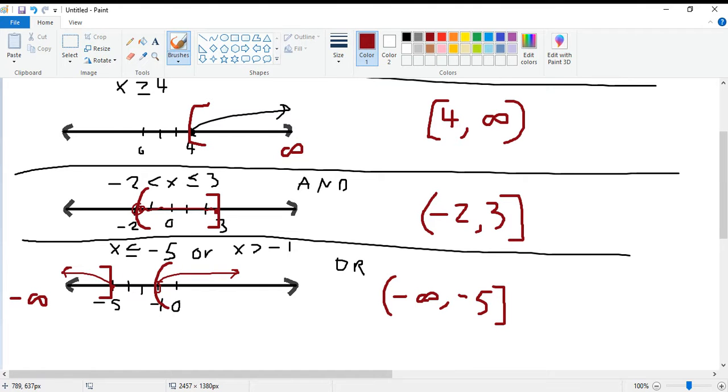Then because there's this break in the middle with nothing going on, we're going to put a union symbol between the two intervals. This next interval starts up at negative 1 with the parentheses, and it's shaded all the way until you get to positive infinity.